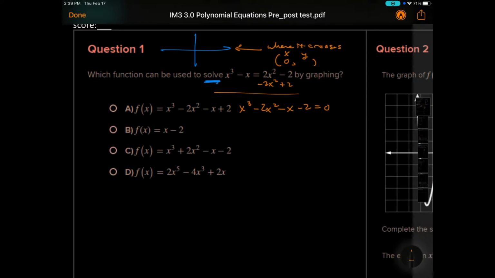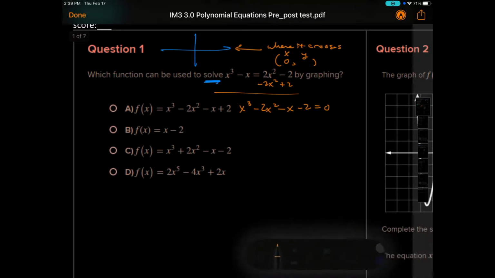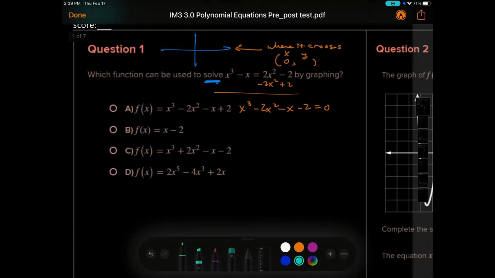Okay, is there anything that we could do here? Well, I notice that there is an x squared that we can factor out here from right here. X squared, so that leaves us x minus 2, and then I can factor out a negative 1. I'm sorry. No, don't factor out negative 1.